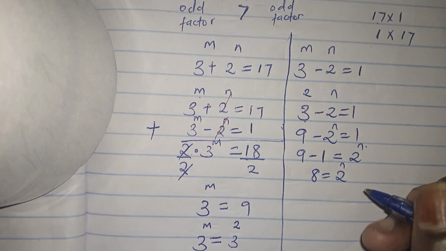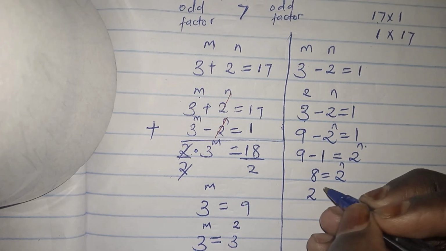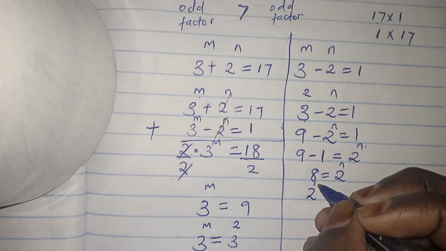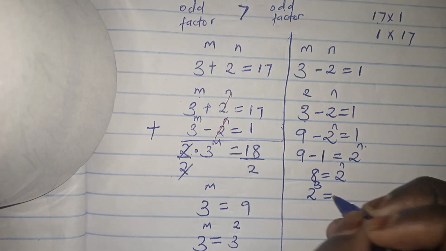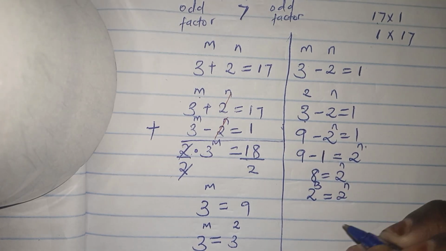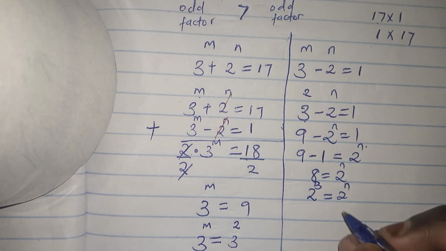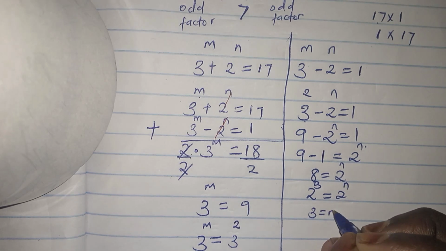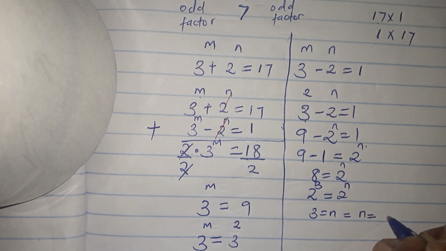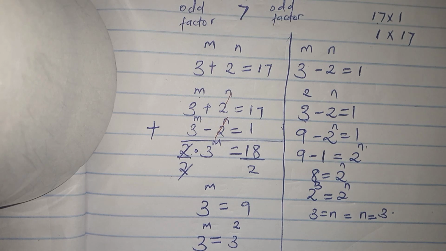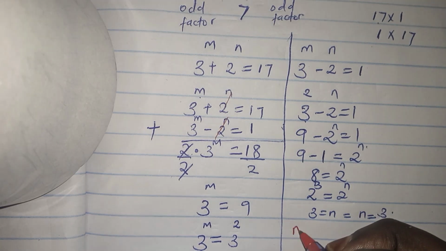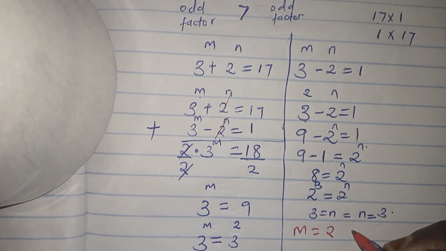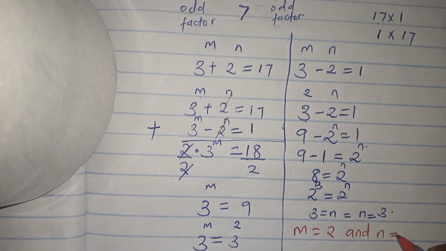I want to make my bases the same. This is 2 to the power of 3 is equals to 2 to the power of n. So bases are the same, equate the powers. 3 is equals to n, which is the same as n is equals to 3. So our values are m is equals to 2 and n is equals to 3.